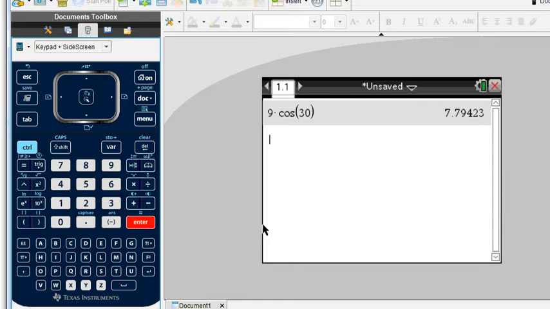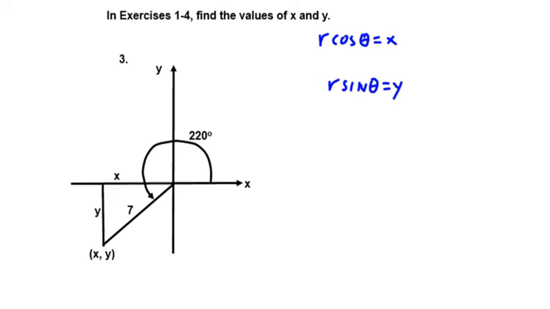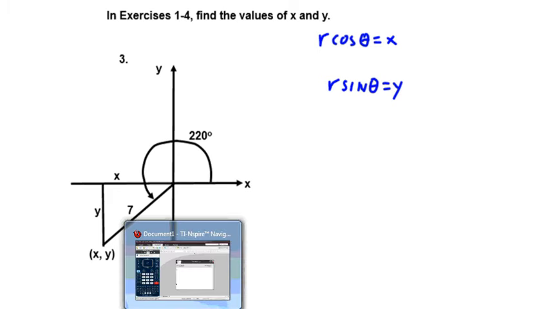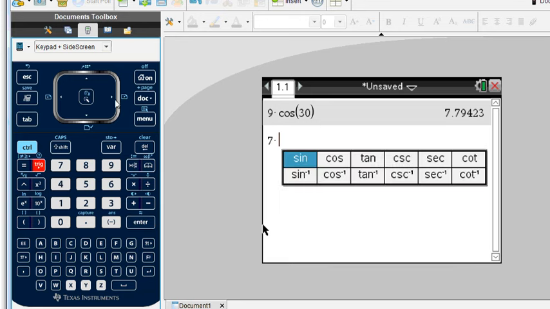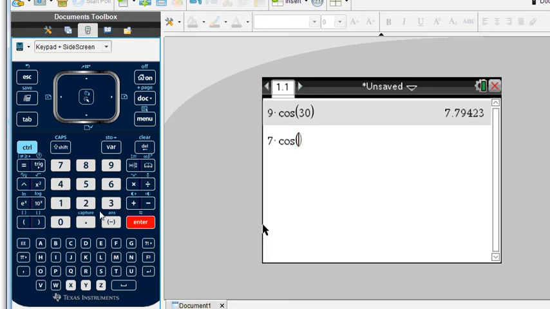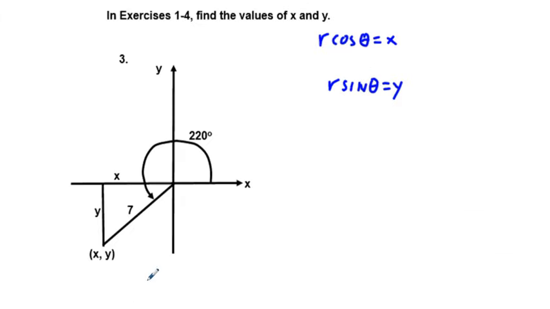And so we have 7 times cosine of 220 degrees. We get negative 5.362. So we go here, x approximately equal to negative 5.362.